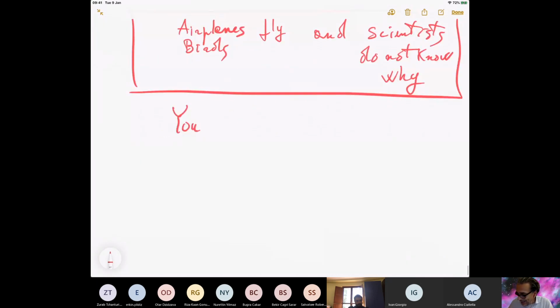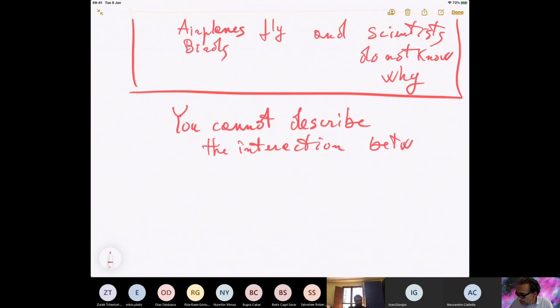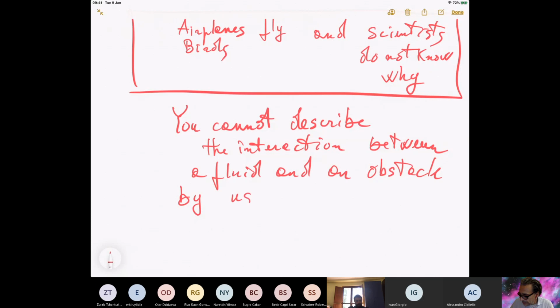You cannot describe the interaction between a fluid and an obstacle by using the Euler fluid model.